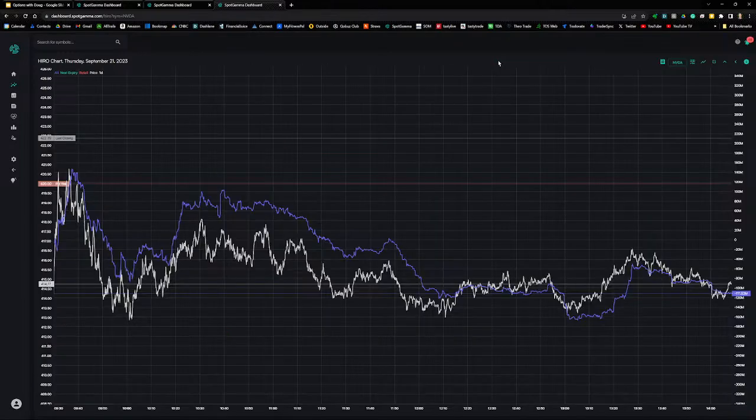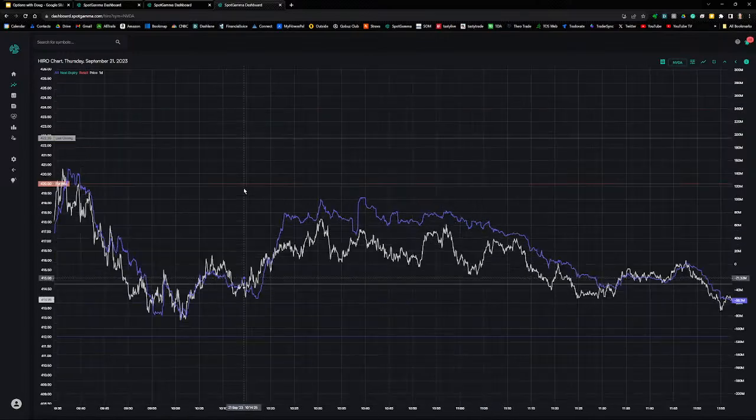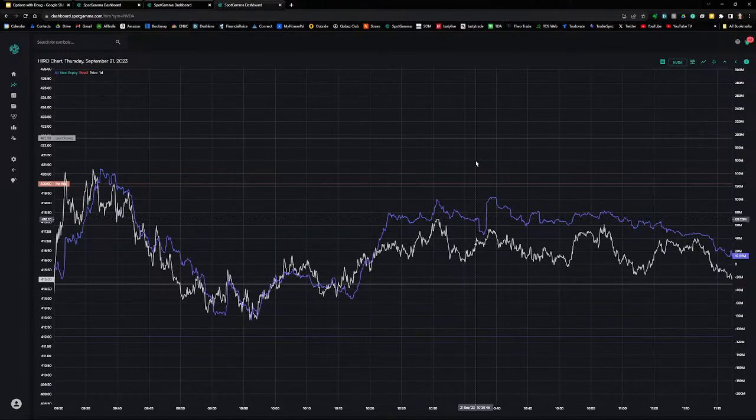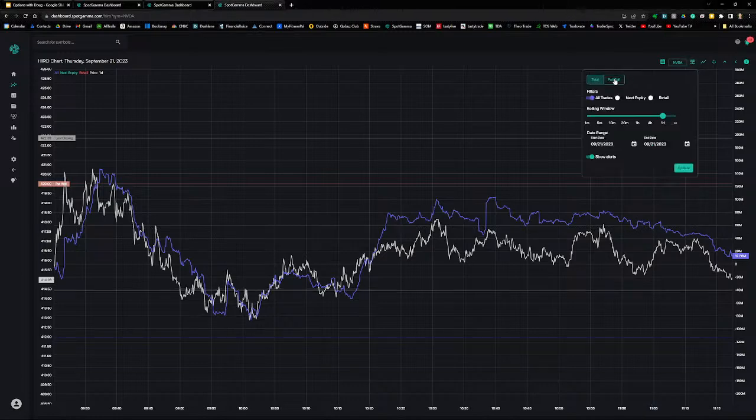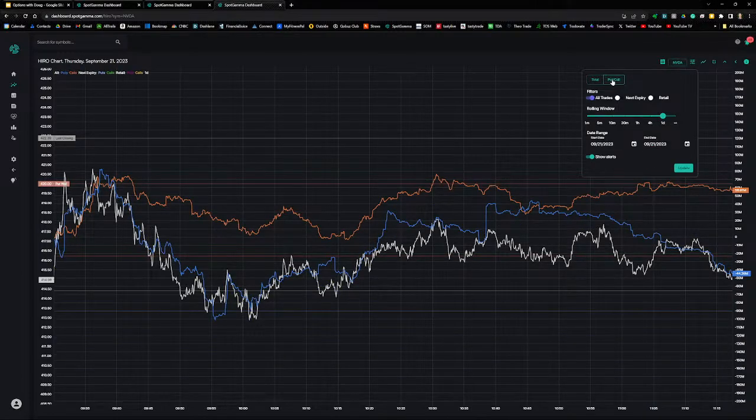Going to zoom in on this chart. So here's the 420 put wall. And as price hit that level, traders started taking negative delta positions. Let's see what they were doing. They were buying puts.